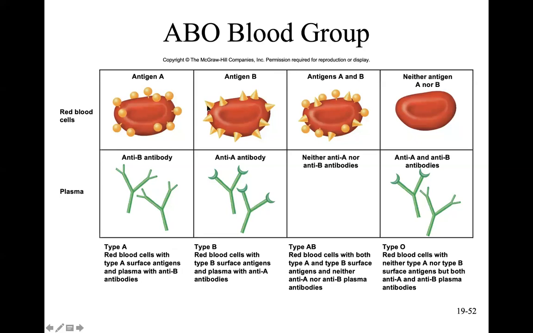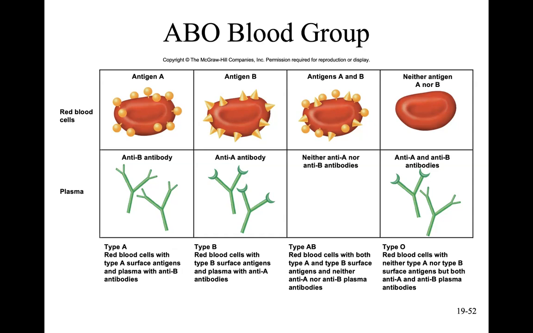So what happens? Let's say I'm type A. I'll have antibodies only to B. If I'm giving somebody that has type O blood, can those B antibodies attach? No, there's nothing to attach to. So type O people, their blood is usually the one they're asking for during blood drives, right?